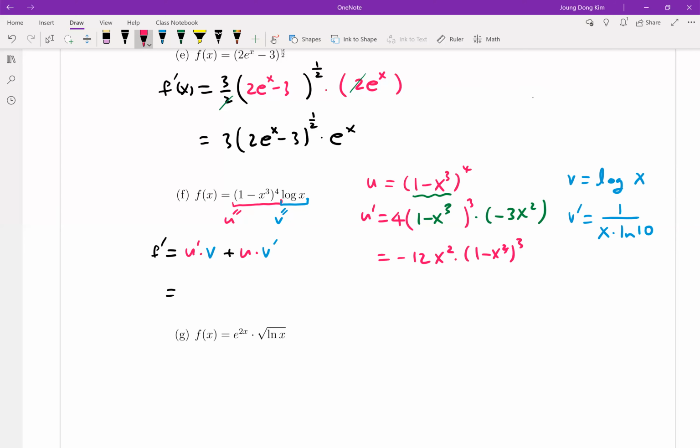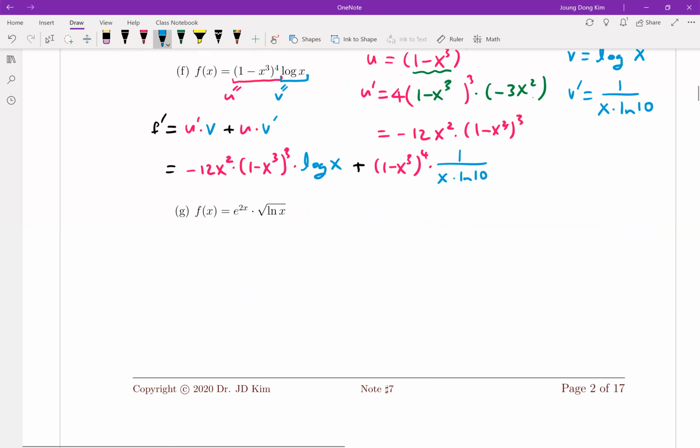U prime is here, which is negative 12x squared times (1 minus x cubed) cubed, and v, which is the common log of x with base 10, and plus we need u, which is (1 minus x cubed) to the 4 times v prime, which is 1 over x ln 10. That's enough. This is the answer.